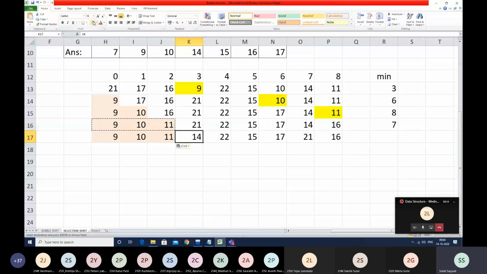Yes, what is the next index? What is the next min? Fifth index. Fifth index is the next min. 15 and 22. Other numbers remain as they are.